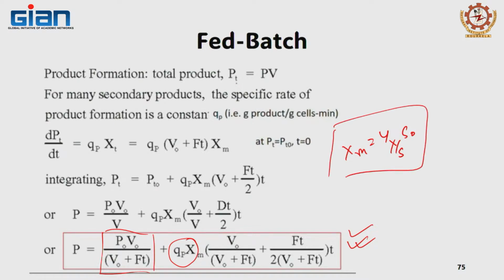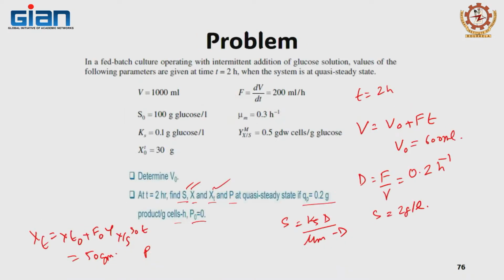This is how you estimate the X m value. So, your P comes out to be 16 grams per liter.